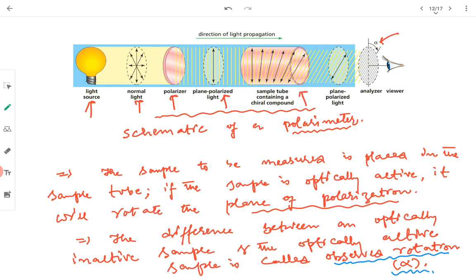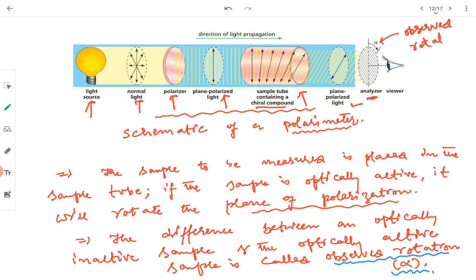You have a sample tube here, which can contain a chiral or an achiral compound. This is the analyzer, through which you can view it. There are some marks by which you can read by how many degrees the light has been rotated. And this alpha here is called the observed rotation.